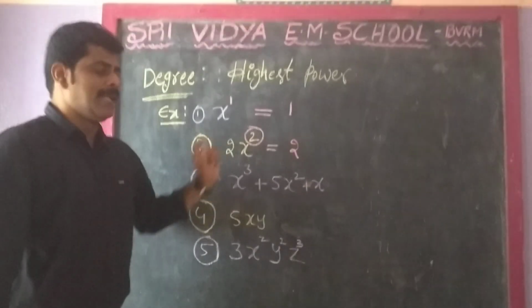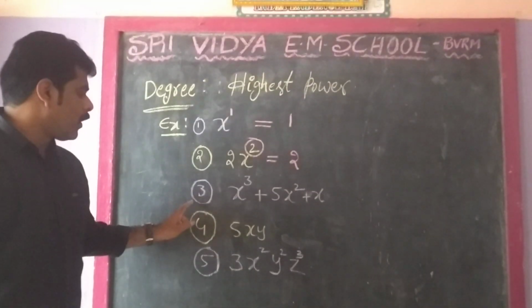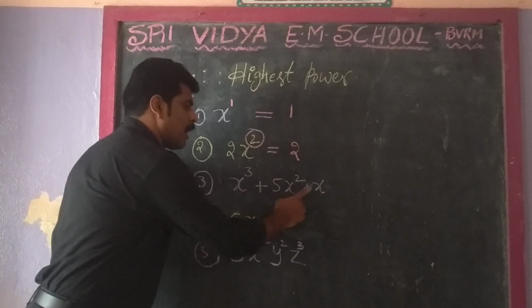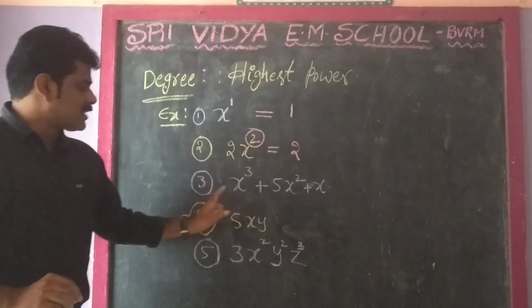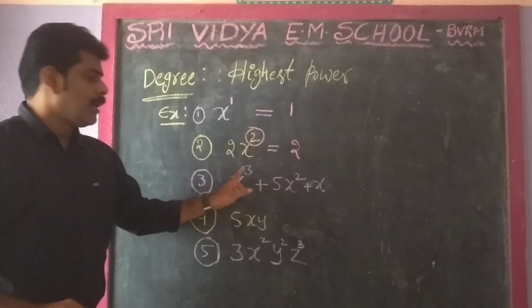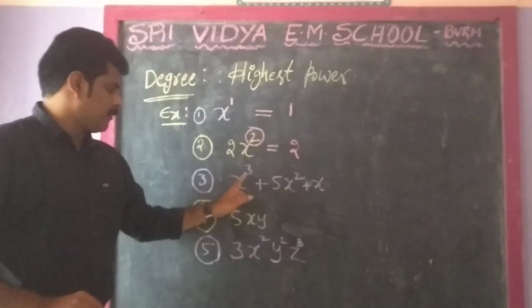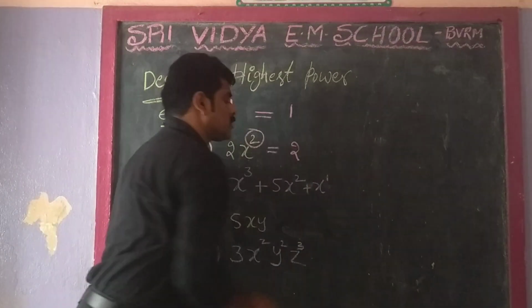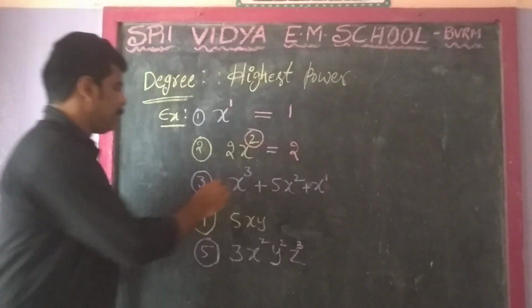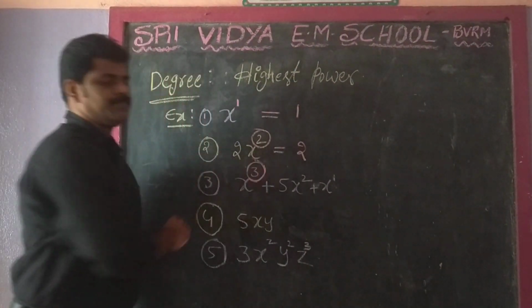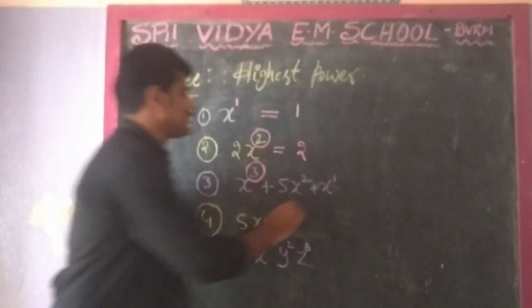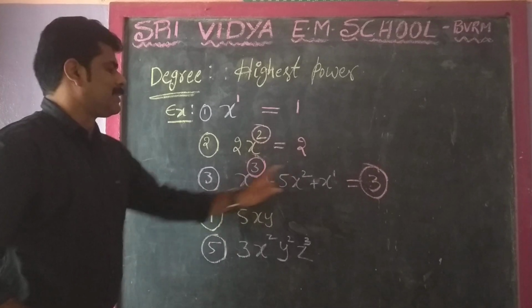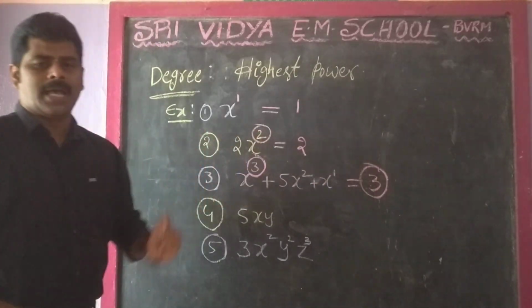Okay, highest index. After that, look at the third example, x cube plus 5x square plus x. Here the exponent is 3, here 2, and here 1. So the highest power is 3, so 3 is the degree of the given expression.